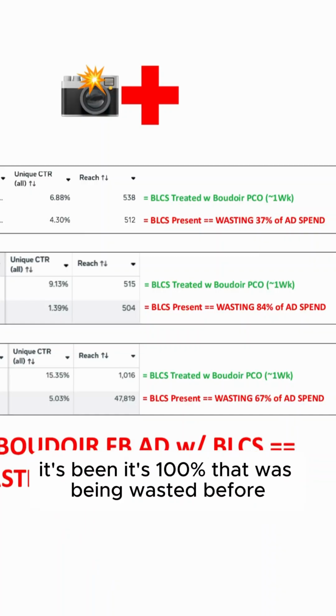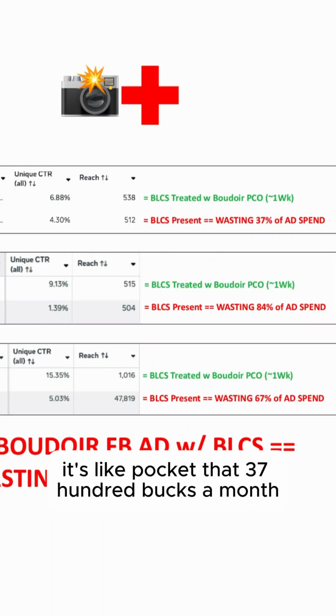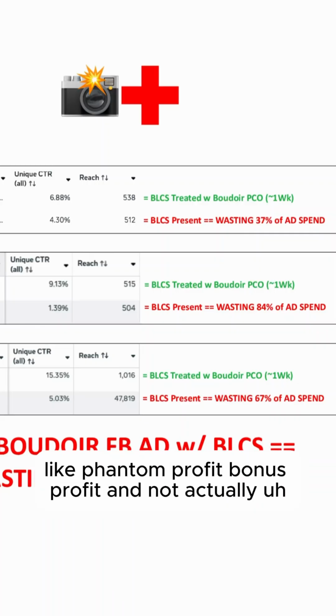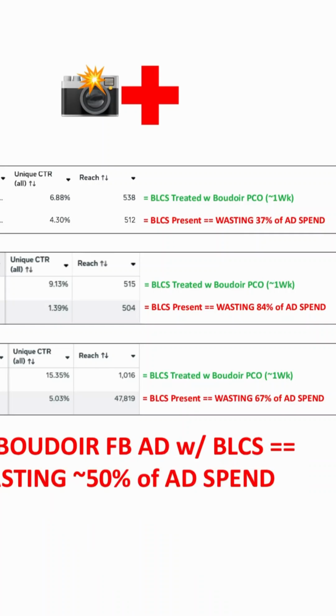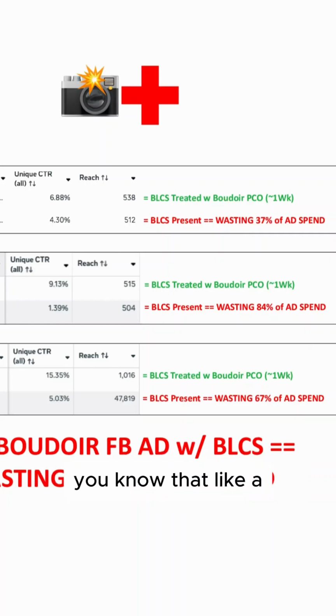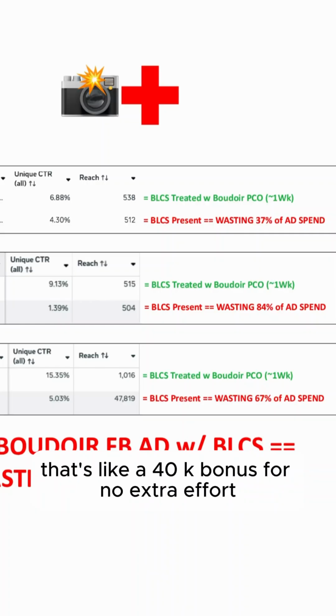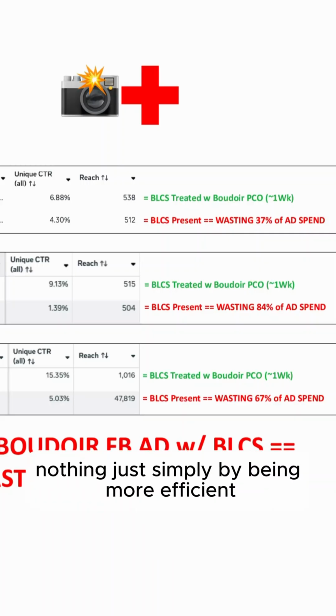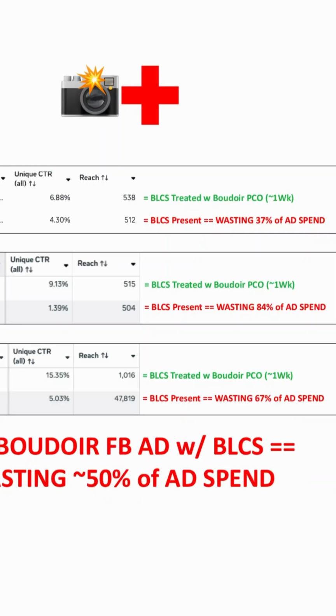It's 100% that was being wasted before. It's like phantom profit, bonus profit. After 12 months, it's like a 40K bonus for no extra effort, no servicing more clients, nothing, just simply by being more efficient.